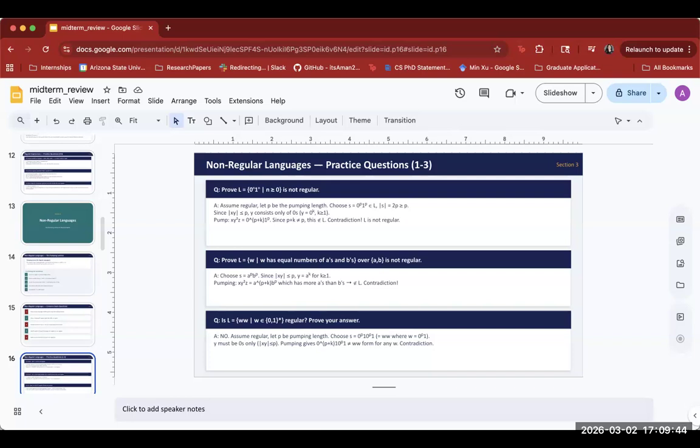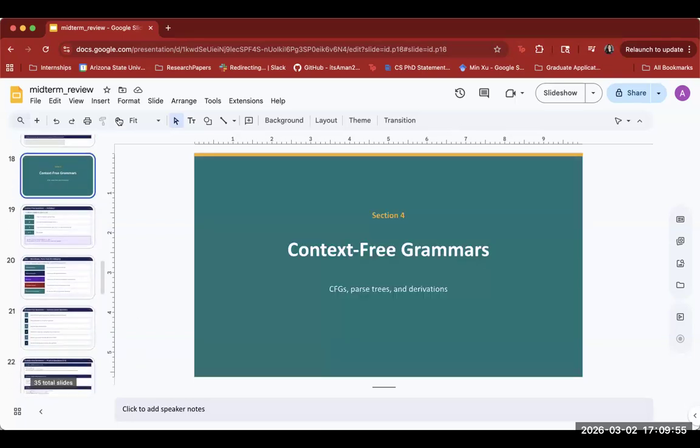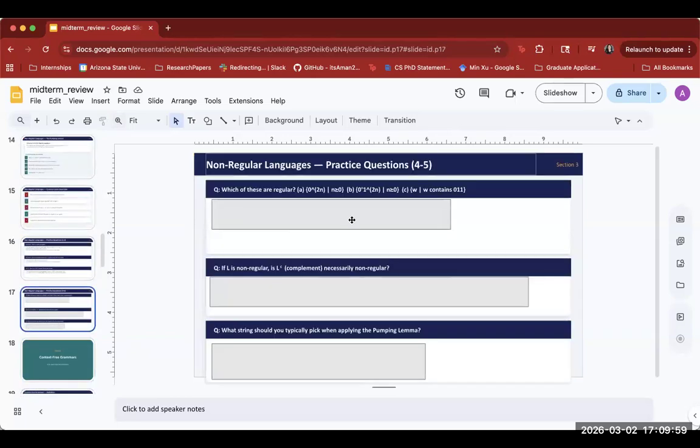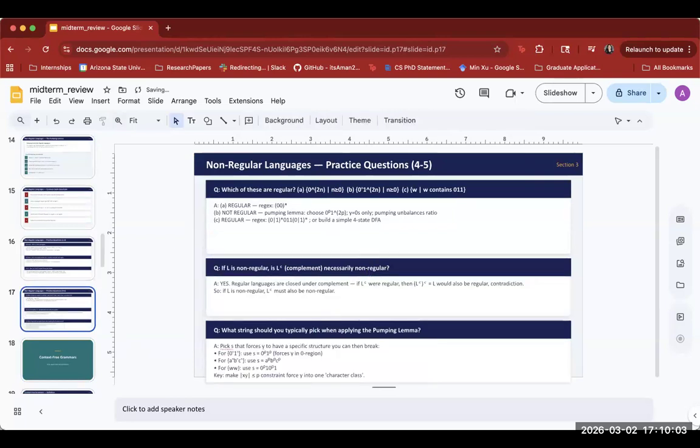Pumping gives us the string mentioned below, which contradicts the language, and we can assume that it is a non-regular language. And then these are some other questions that you guys can take home and screenshot on your own to understand.